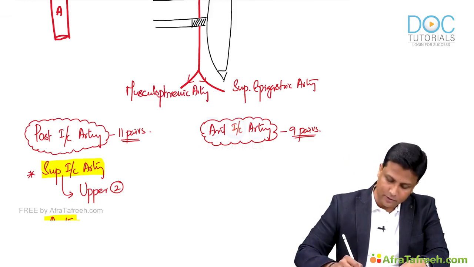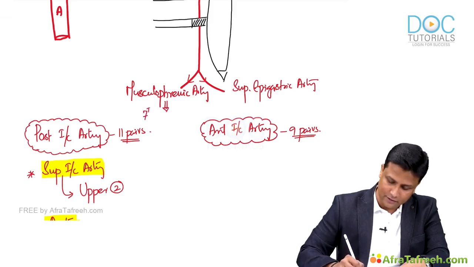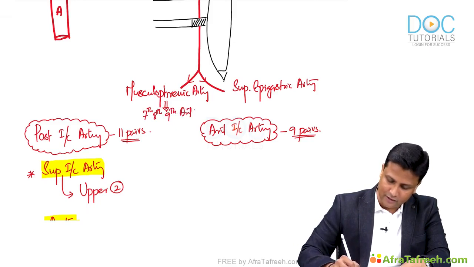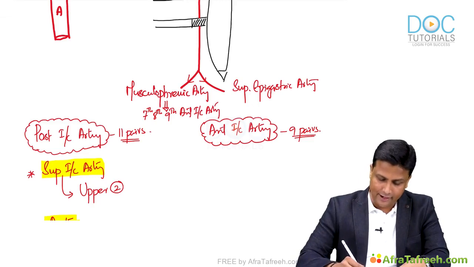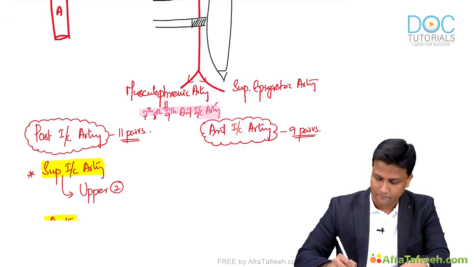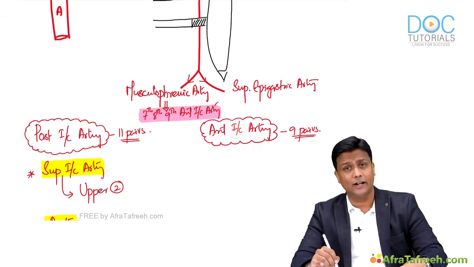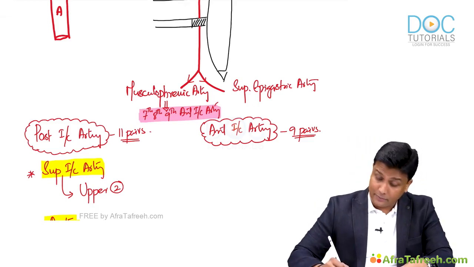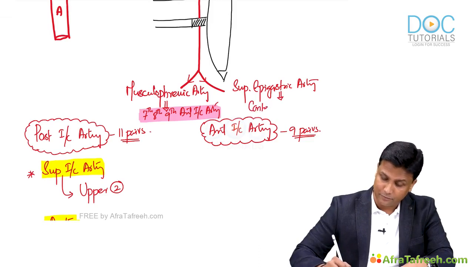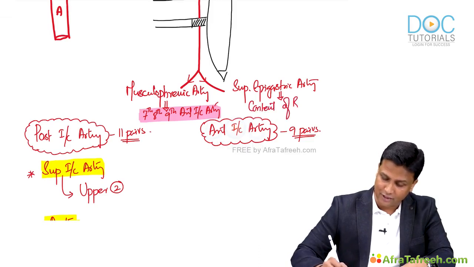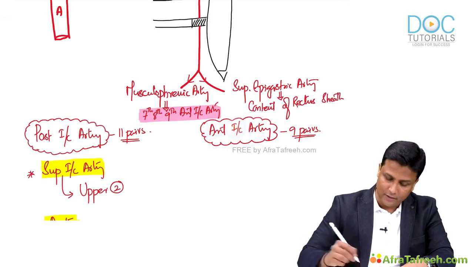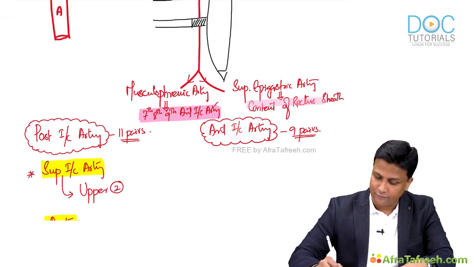Out of these 2, remember, the musculophrenic artery is the one which will give rise to the 7th, 8th and 9th anterior intercostal arteries. Whereas the superior epigastric artery will continue down as a content of the rectus sheath.